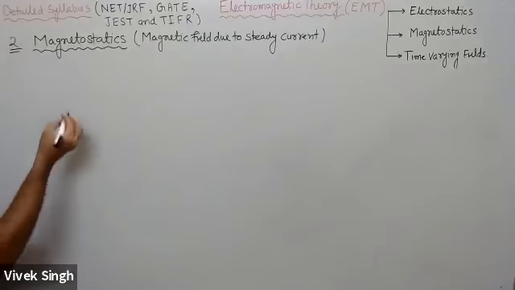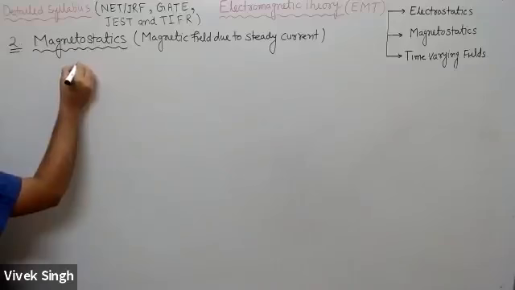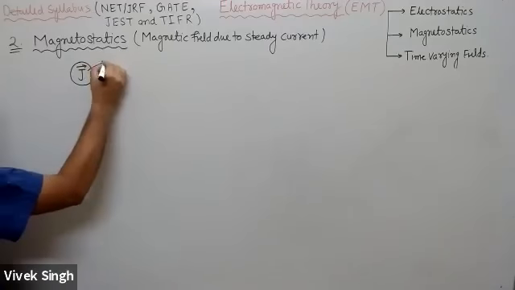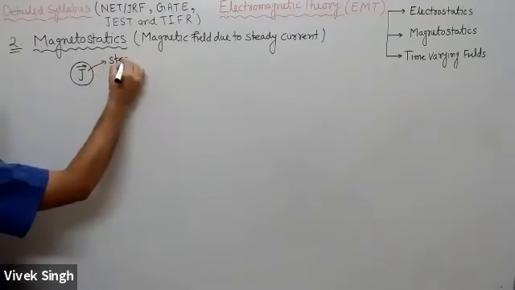You will see the source is a steady current. In general, we will represent it by current density J. So call it steady current.